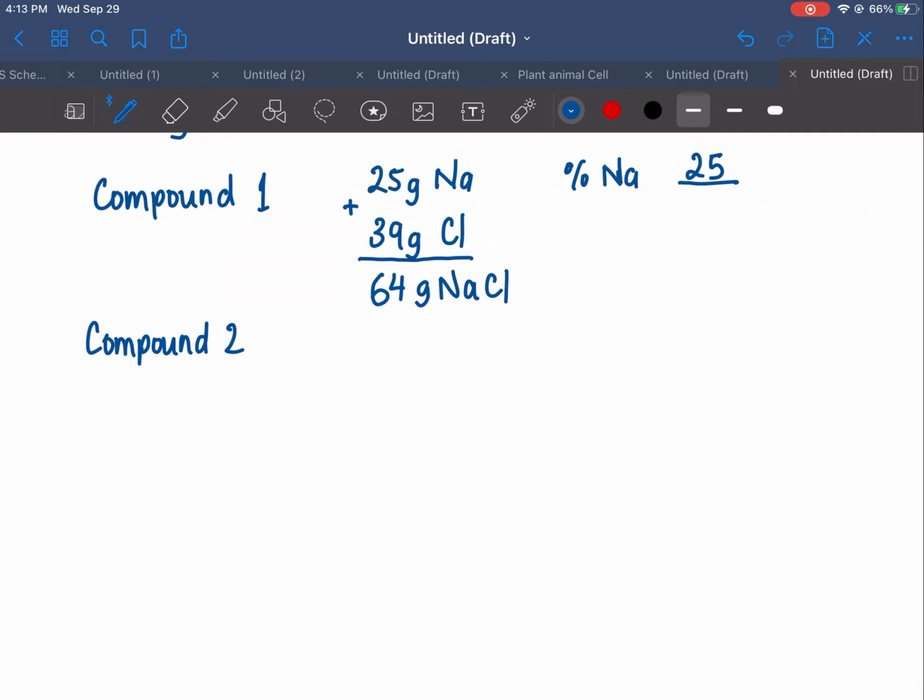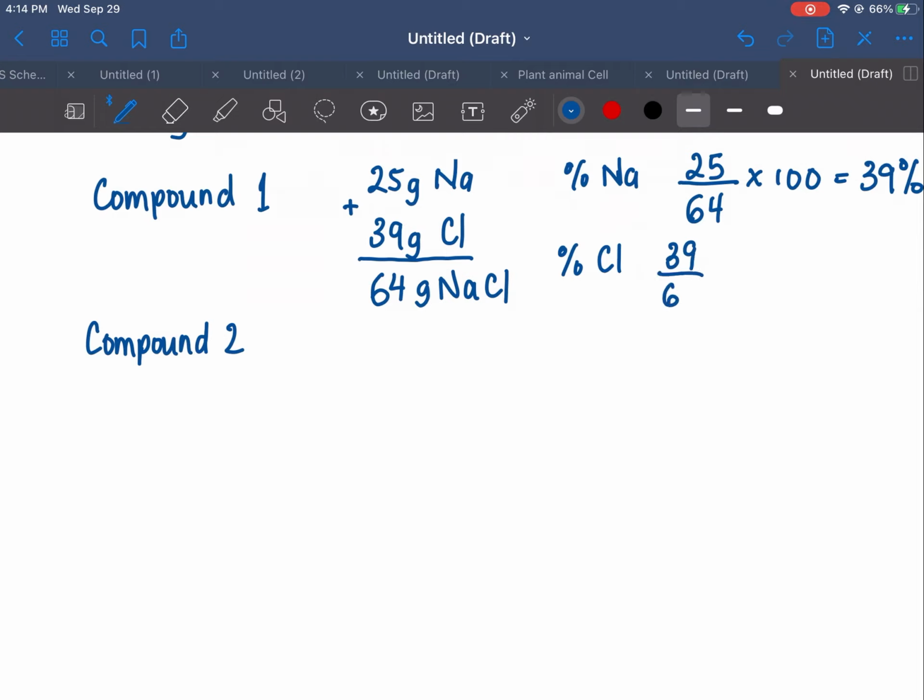We're going to put 25 because that's how much sodium we have, divided by 64, and then multiply it by 100. If I solve that, it gives me about 39%. That means 39% of sodium chloride is sodium.